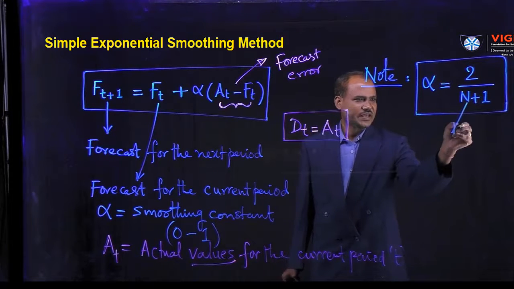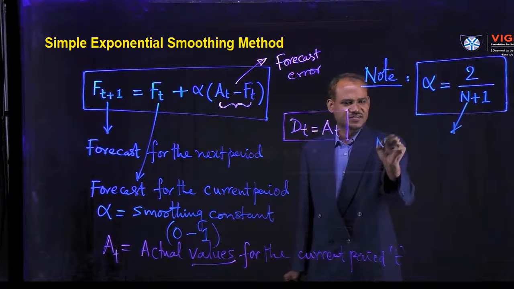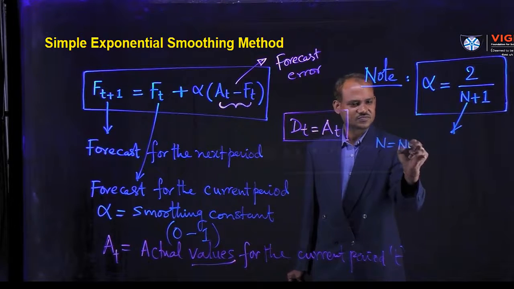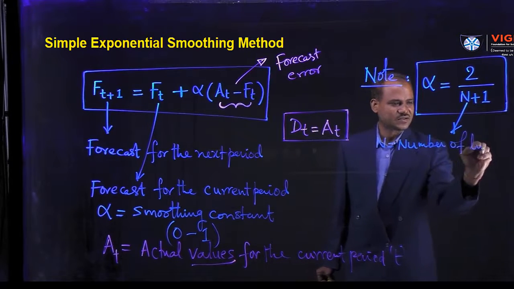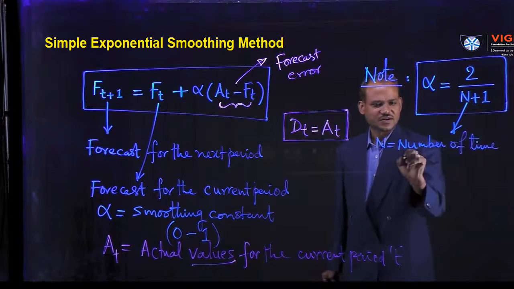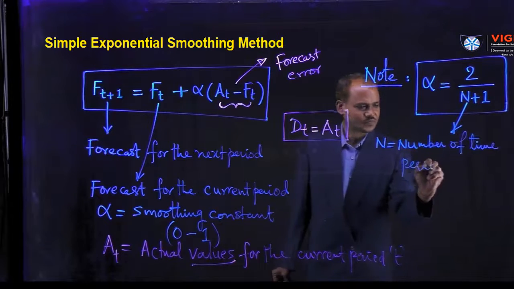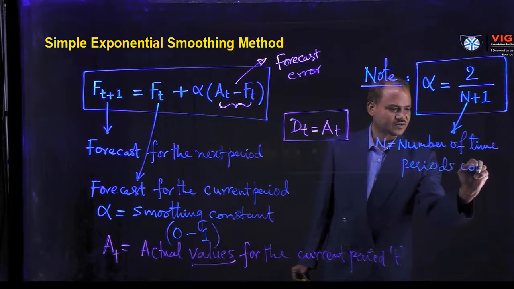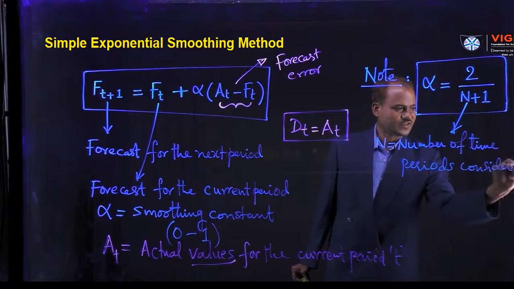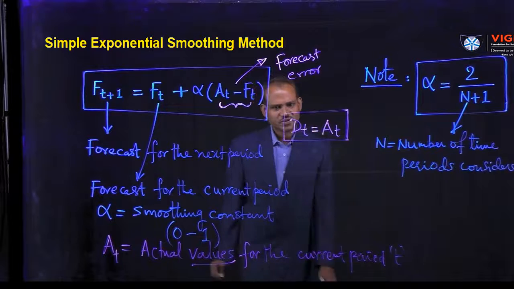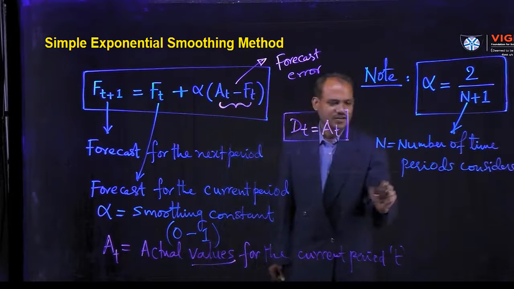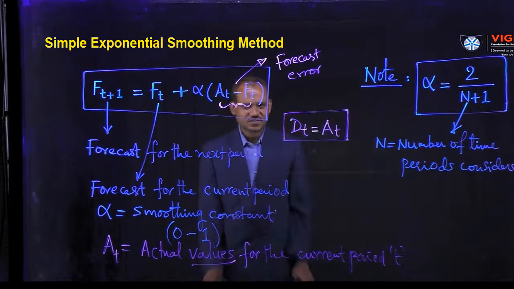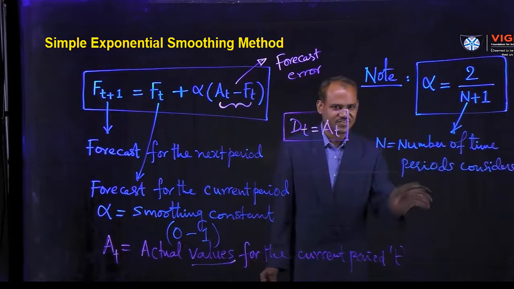What is meant by n? Where n is the number of time periods considered. For example, if 10 years data is given, n is equal to 10. Sometimes 5 years data is given, therefore n is equal to 5, like that.